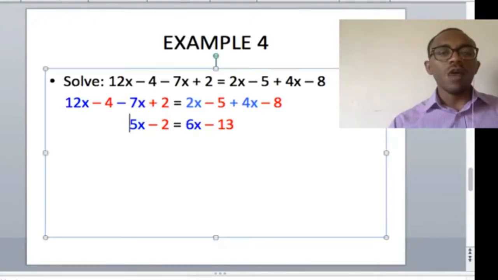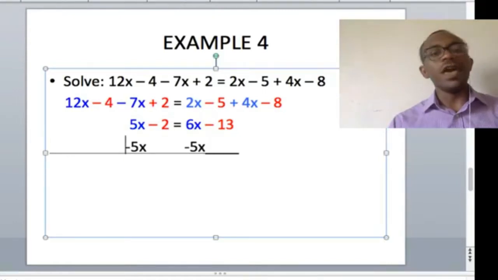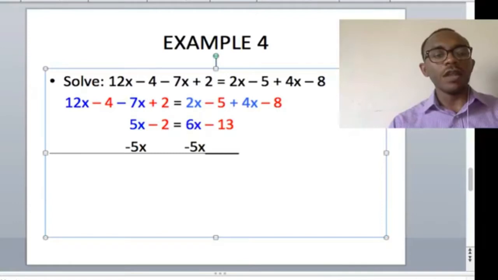So I'm removing first my 5x. I remove the x and put it there. So what does my new answer become? My new answer will be negative 2 equal to x minus 13. I'm showing you more details relative to the previous one, but now just make sure that you don't miss the calculation.